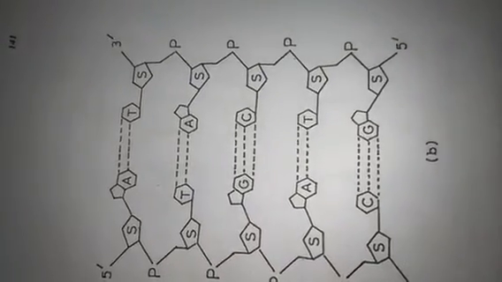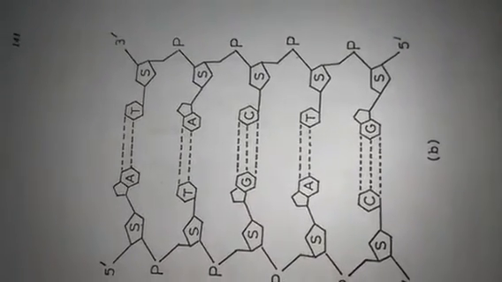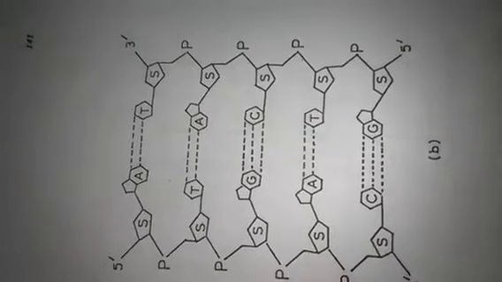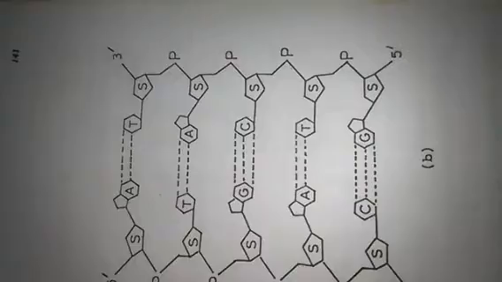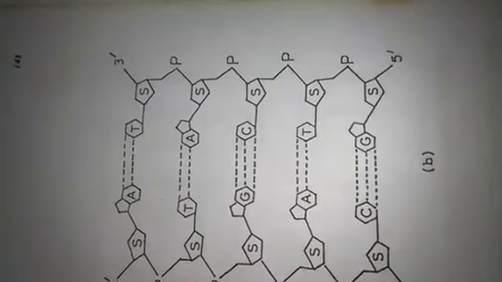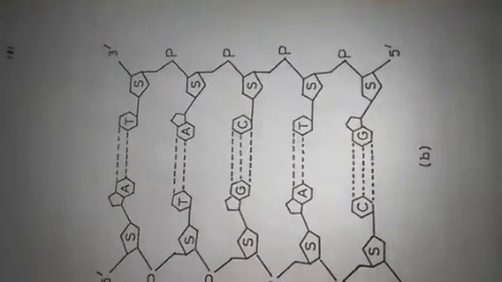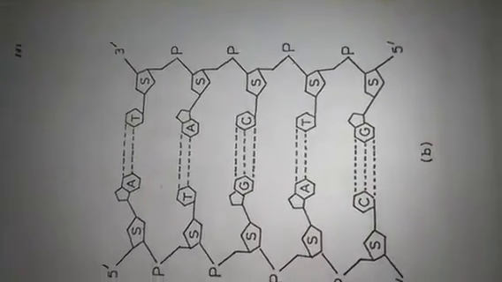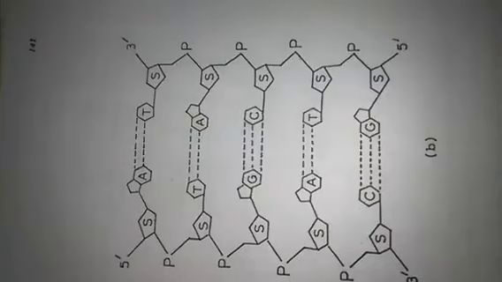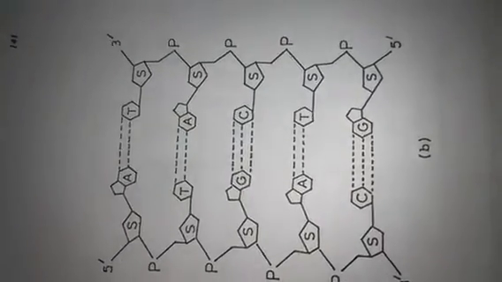The purines and pyrimidines: purine bases include adenine and guanine. Pyrimidines include cytosine and thymine. Once again, purine bases include adenine and guanine, and pyrimidine bases include cytosine and thymine.